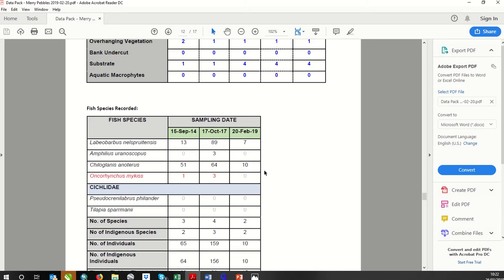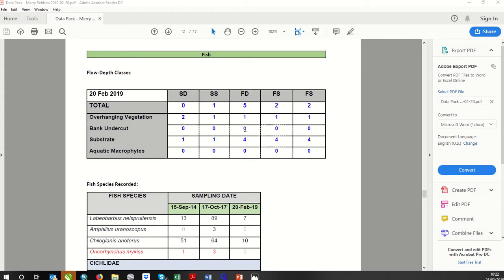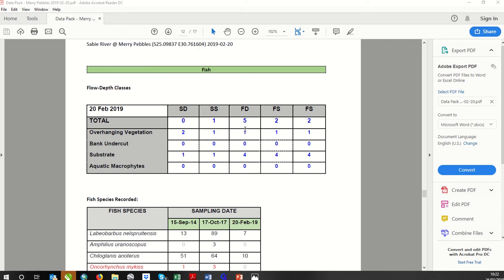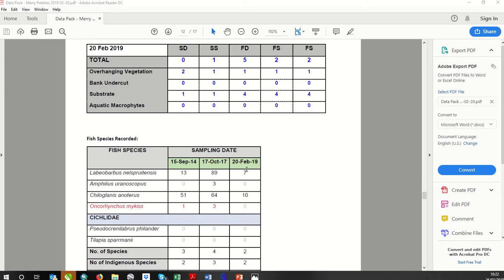In terms of their sampling then, we assume that this assessment of availability of habitats was only there for fast deep. Just give me a moment. All right, so this evaluation of what habitats they sampled is what you should fill out when you do your assessment. But in this case, you can see this is representative of the February 2019 survey.